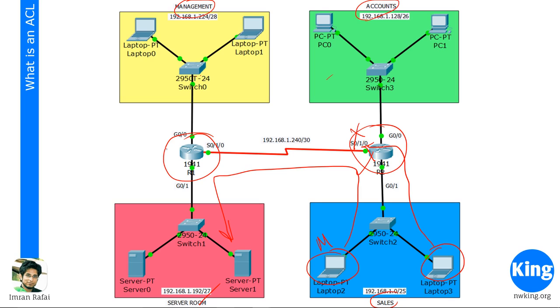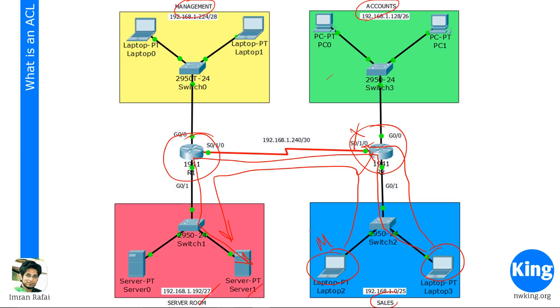The most important thing when you're doing traffic filtering is to identify the data flow. For instance, in this case, if you want to block this guy, laptop 3, from accessing the server, we need to first identify the traffic. If he was communicating with server 1, the flow of traffic is going to be to the switch, to the router, then from this router to that router, then to the switch, and then here.